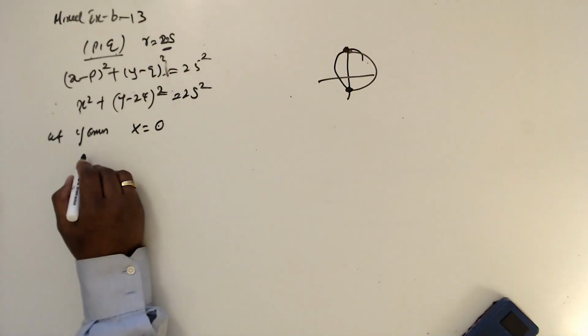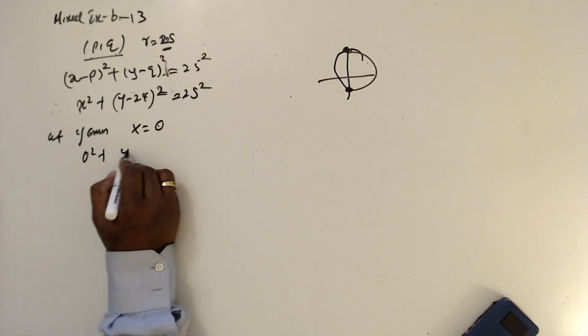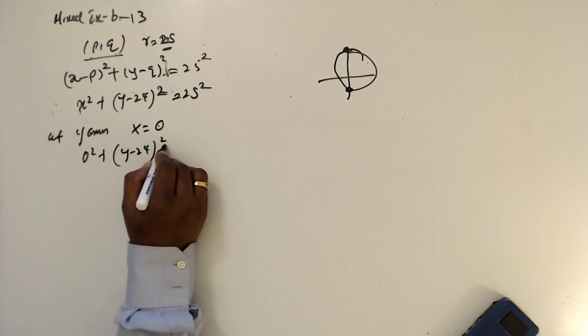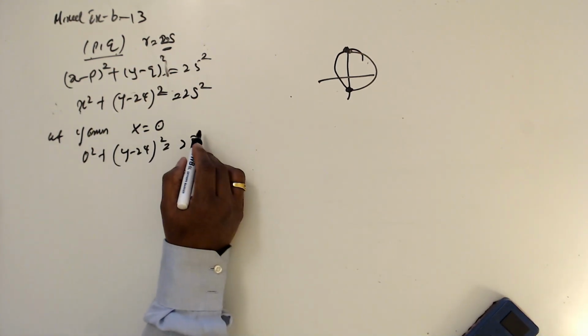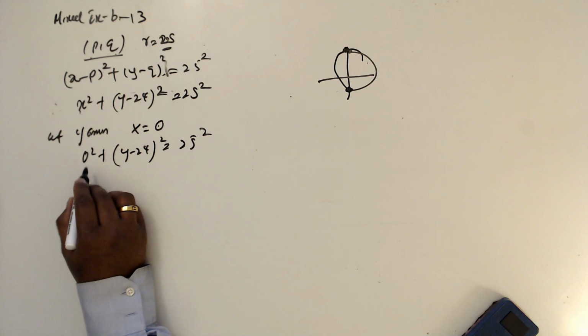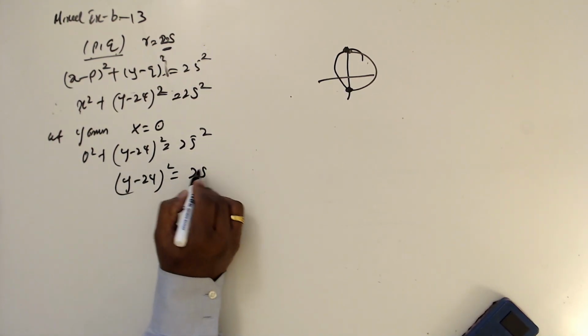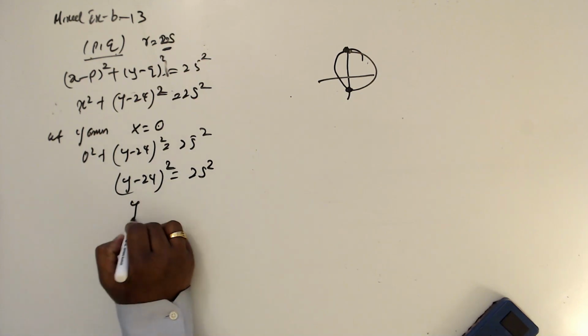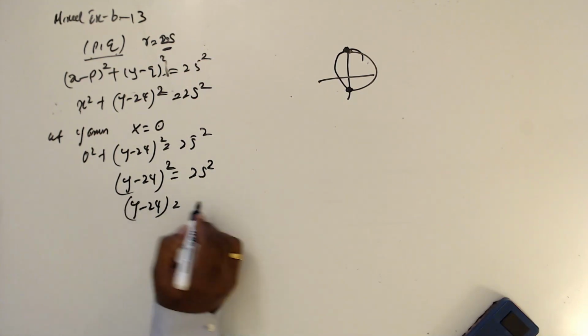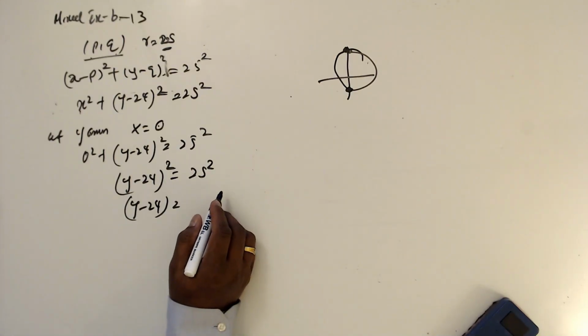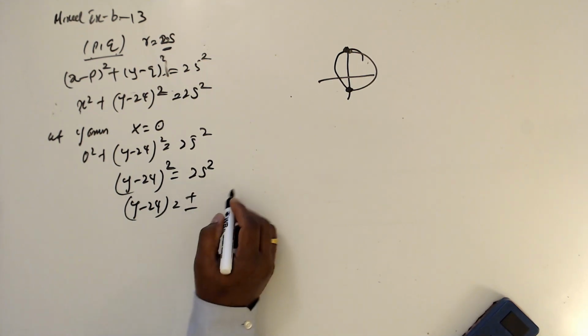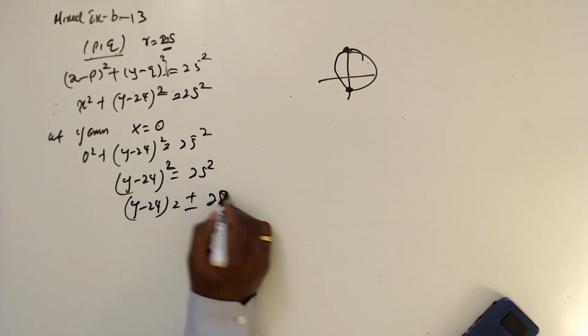We'll substitute here: 0 squared plus (y minus 24) squared equals 25 squared. It means (y minus 24) squared equals 25 squared, so y minus 24 equals plus or minus 25.